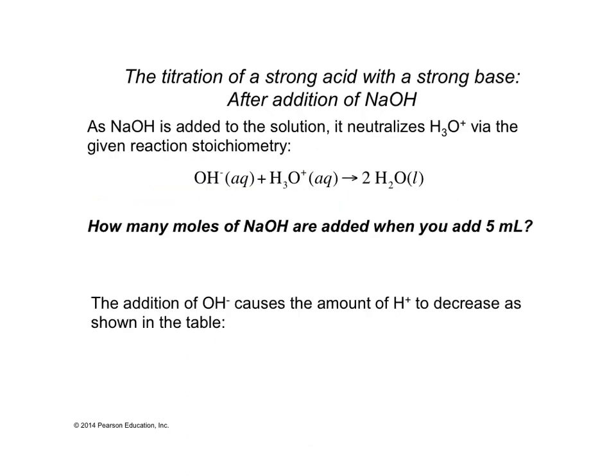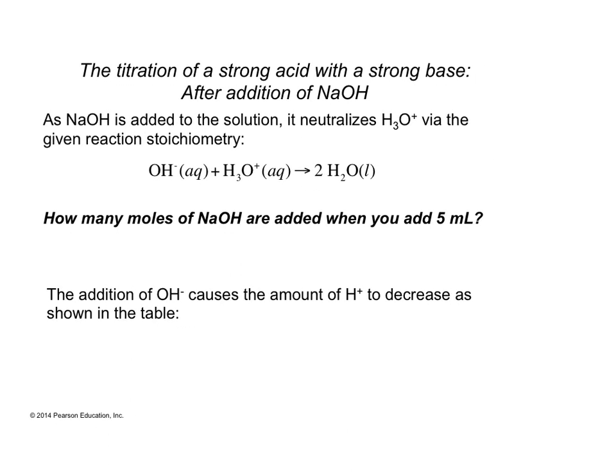Okay, so now after we have calculated the initial pH, we're going to move on and start calculating the pH after we start to add sodium hydroxide from the burette. To illustrate the situation, we've got our flask. It has a certain number of moles.